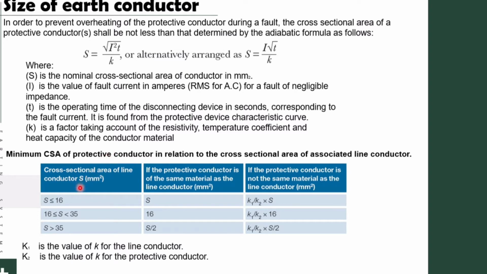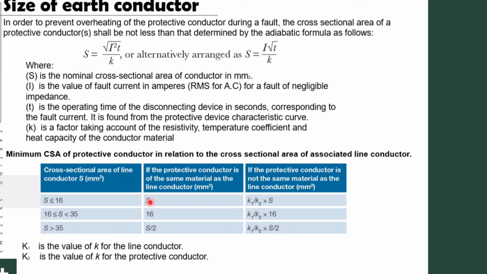See here these tables. If the cross-sectional area of the line conductor is less than 16 mm², then I can choose the protective conductor the same as the line conductor.